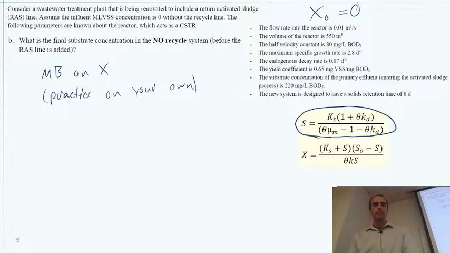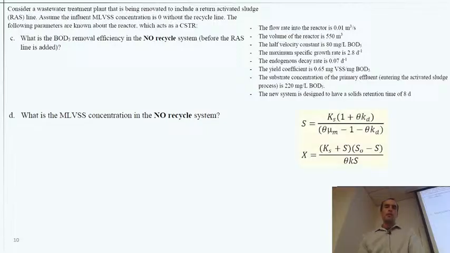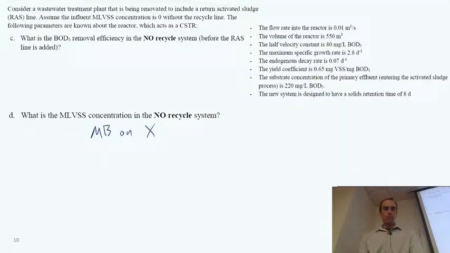Okay, part C then, this parallels the problem we wrapped up at the beginning of today's class. What is the removal efficiency? And then part D, as you should be able to see, again maintaining the no recycle system, what is the MLVSS? Should be the same deal. We're doing a mass balance. We did a mass balance on S, now we do it on X, to get, excuse me, I said that backwards, right?